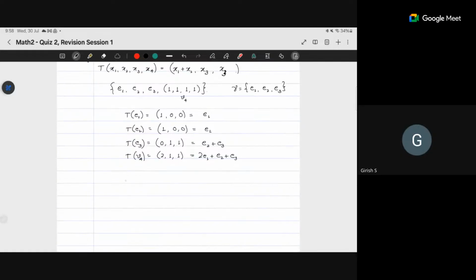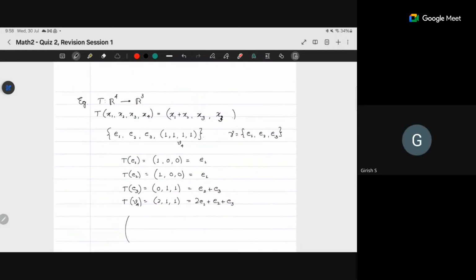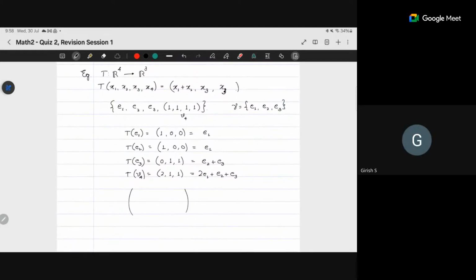So what is the matrix of the transformation? It's a 3 cross 4 matrix. It's 1 0 0 1 0 0 0 1 1 and 2 1 1. These are just the coefficients of this.